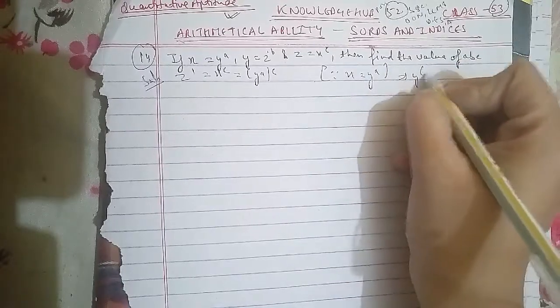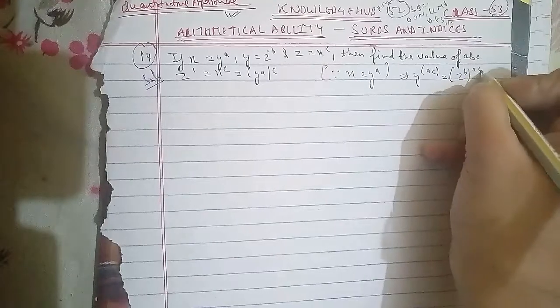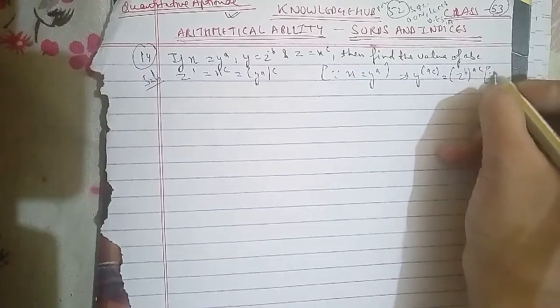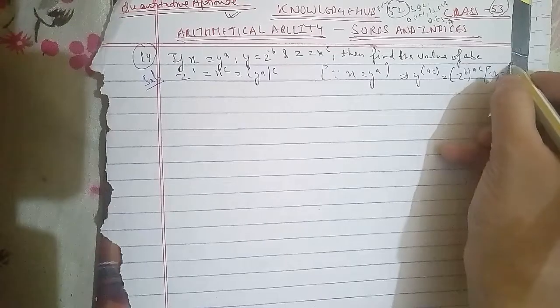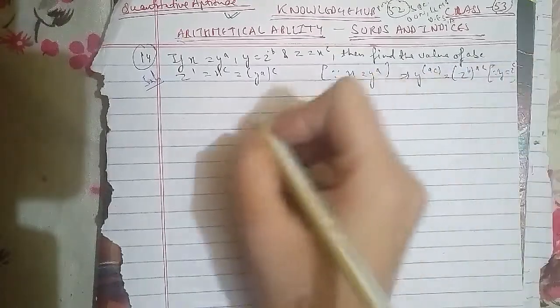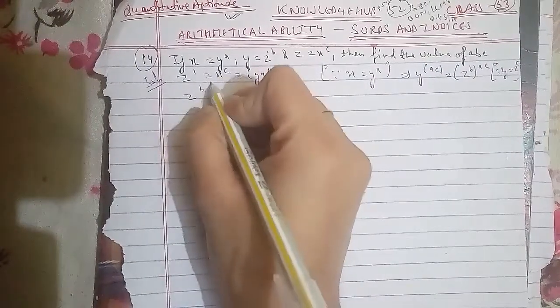Then we have z^(bac) equals z^(abc), where abc equals 1. That is the answer.